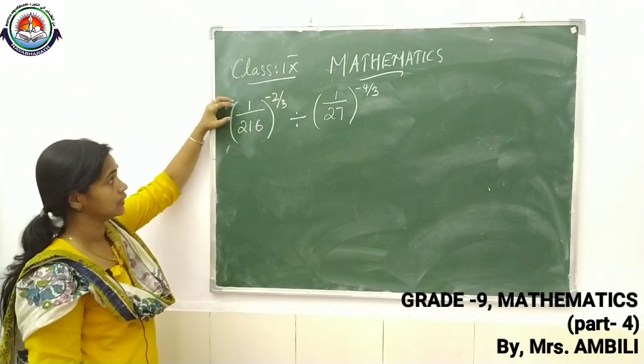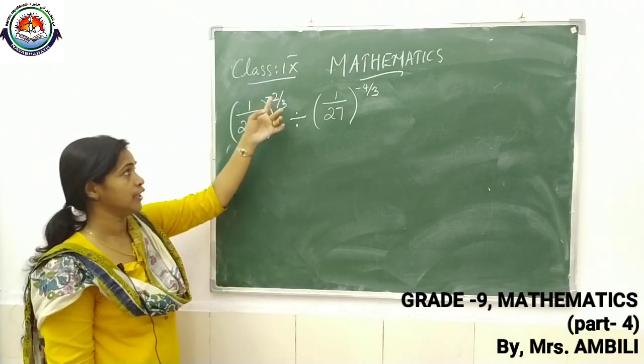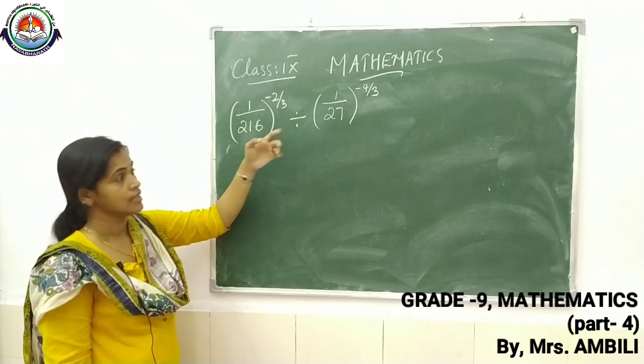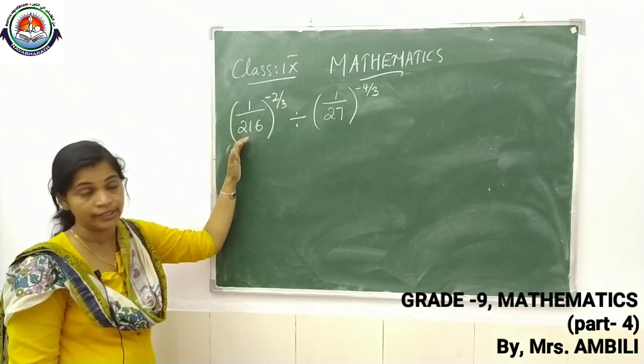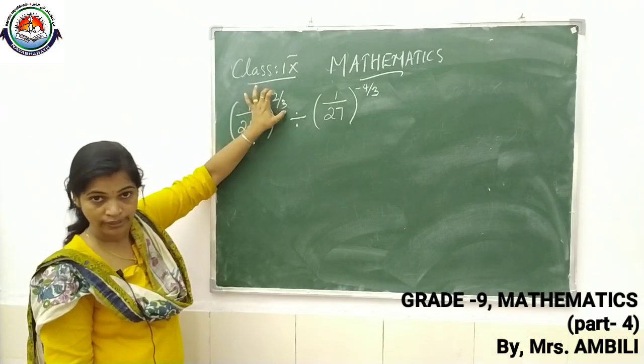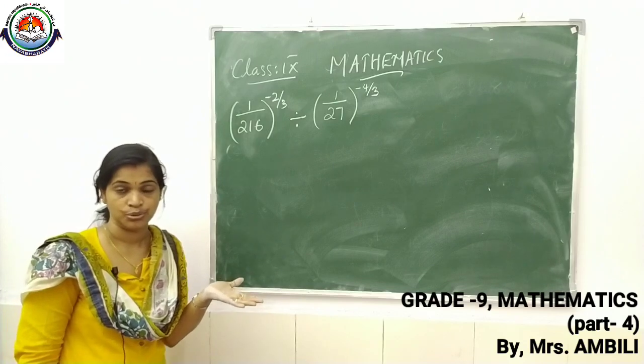So here you look, minus 2 by 3. What is our first step? We need to change this one. Here 1 by 216 all raised to minus 2 by 3. So this will change to 216 by 1.